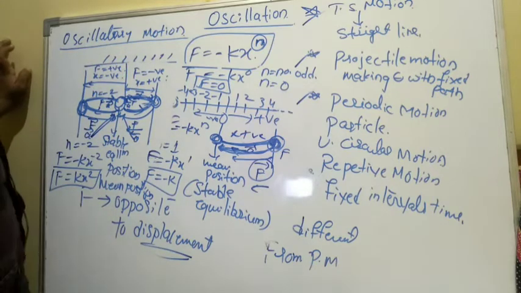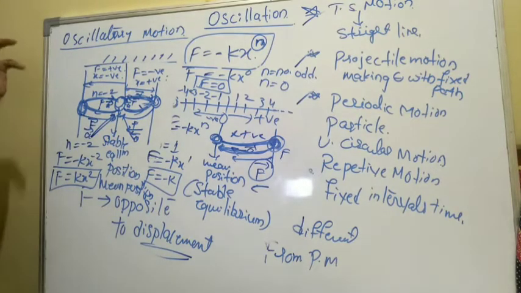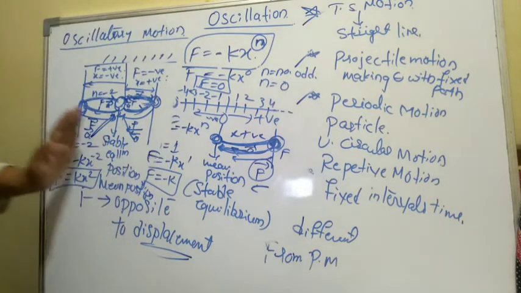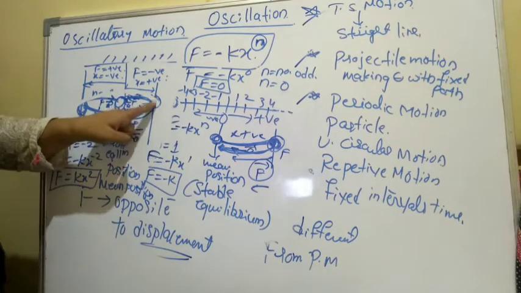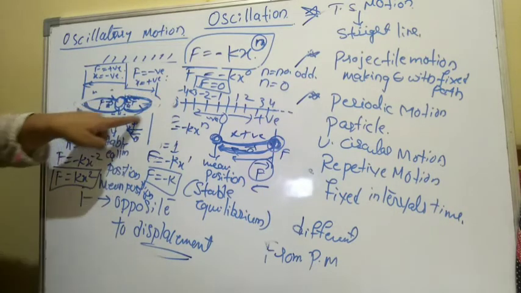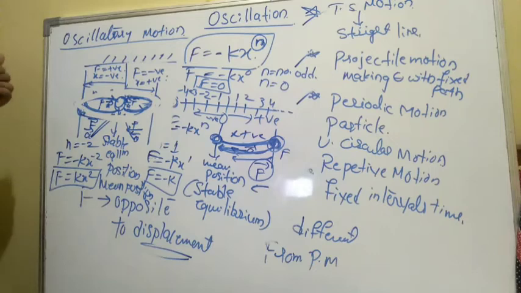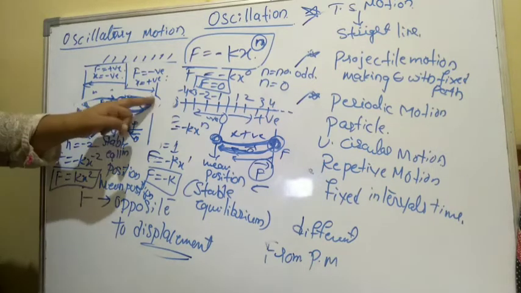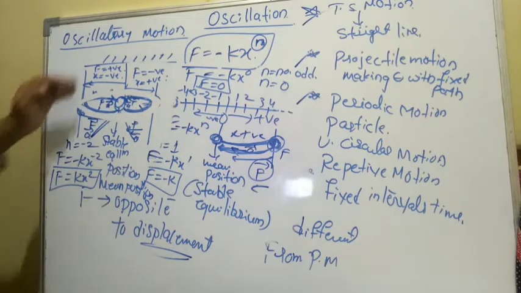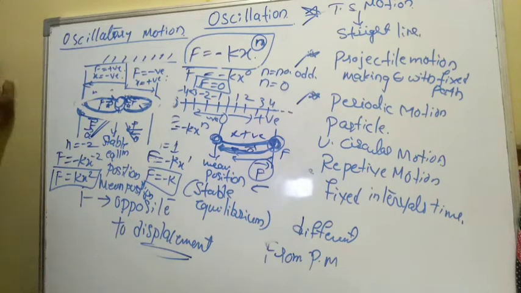So this process is going to be continuous, except in some cases, until energy is lost. Until energy is lost, the process is repetitive. So from here to here, here to here, but it is not uniform motion. It is to and fro motion, totally different from the periodic motion, right?